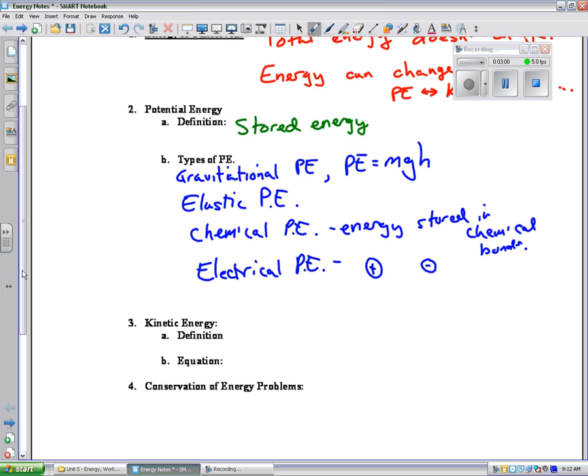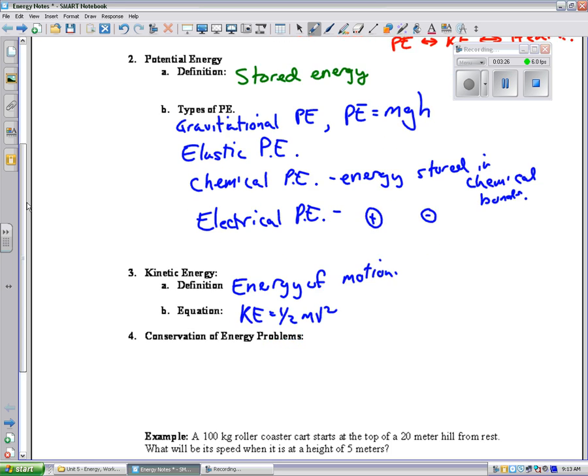Then if I let go of them and they start flying towards each other, that potential energy is turning into kinetic energy. Kinetic energy is energy of motion. And the equation for kinetic energy is going to be KE is 1/2 mv squared.